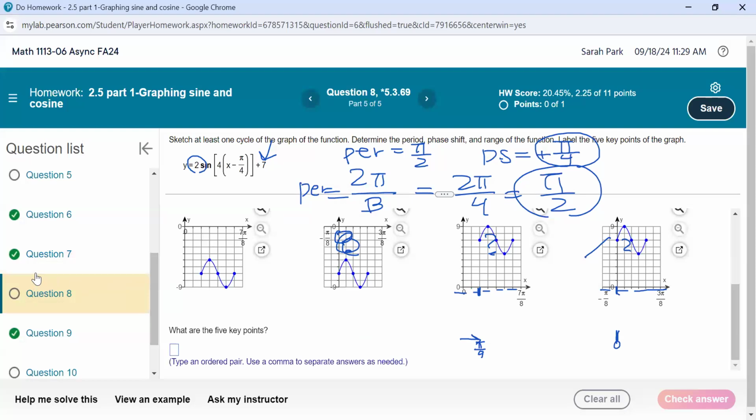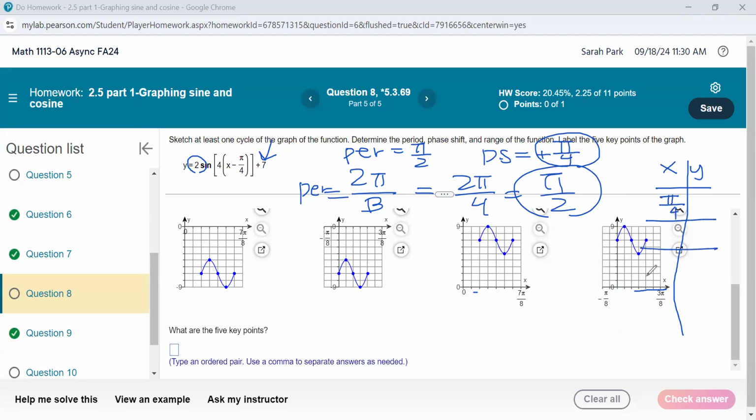Okay, now we find the key points. The first value is going to be your phase shift, which is pi over 4. And then we have to get 5 points. And what do we add? We add the x scale. How do we find the x scale?